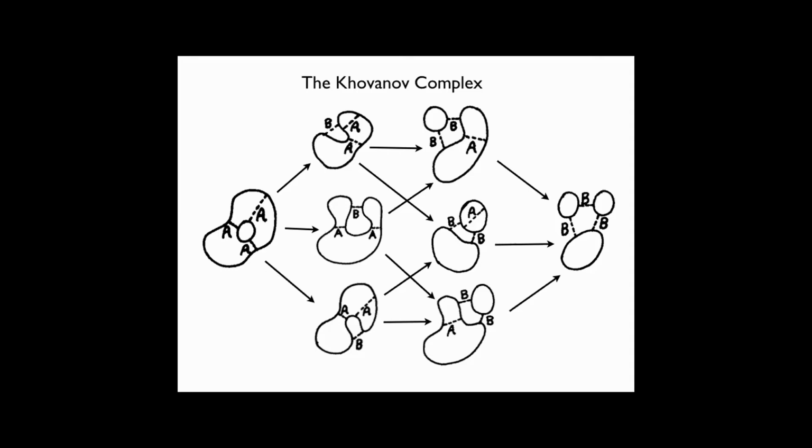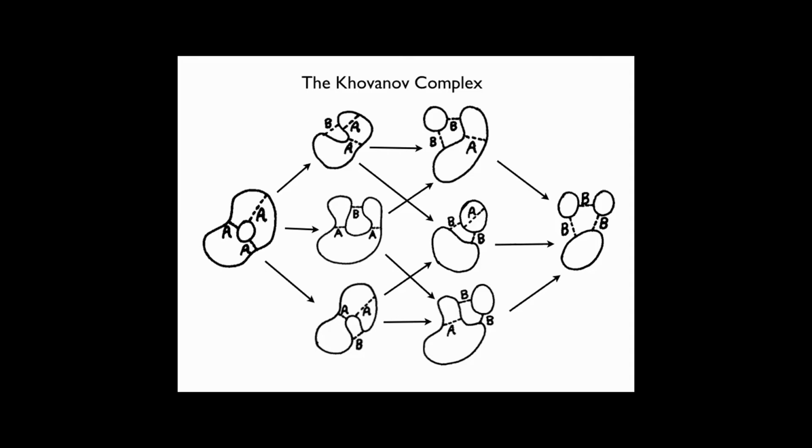And from the Khovanov point of view, this is a category. That is, it generates a category. Arrows from object to object, and if you wanted to make it into a category, you can say to yourself, well, the objects are these state diagrams. These arrows are the generating arrows for the category.